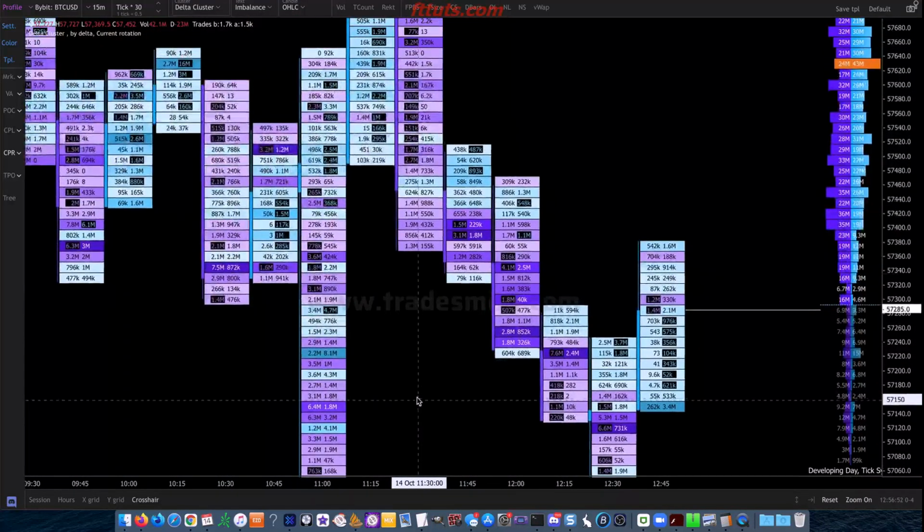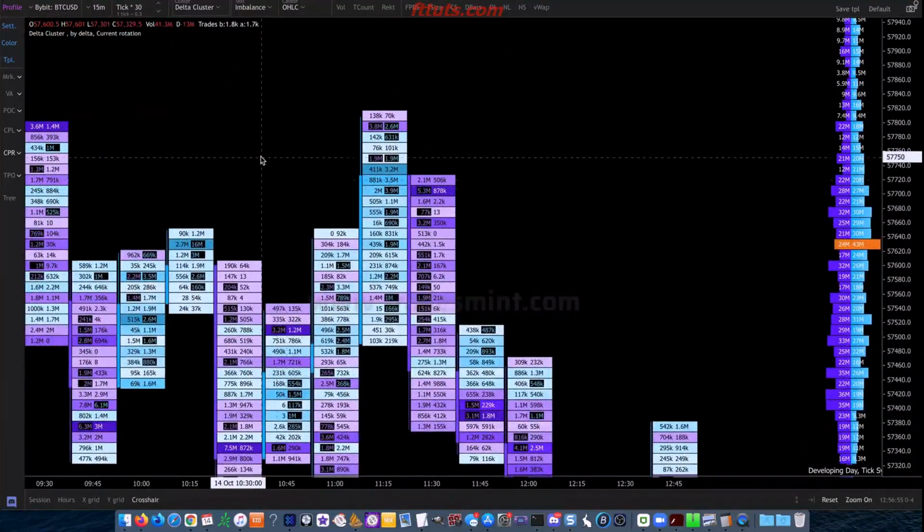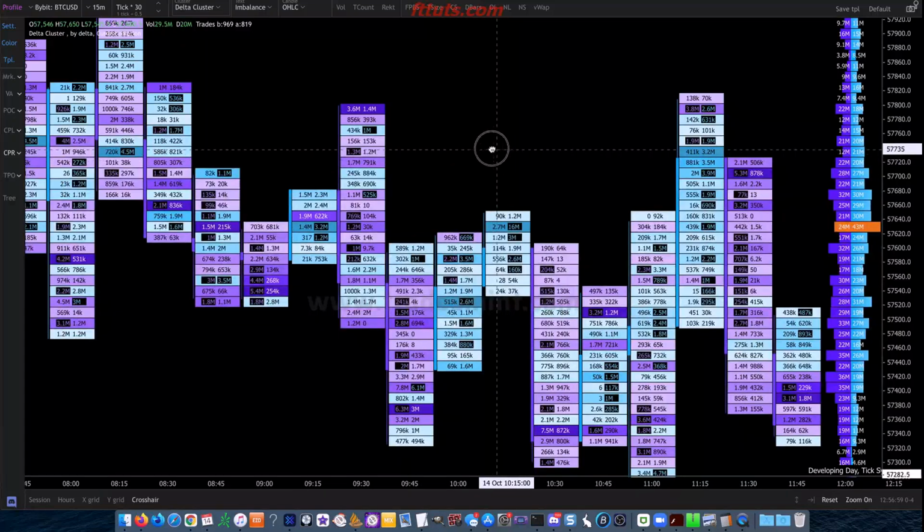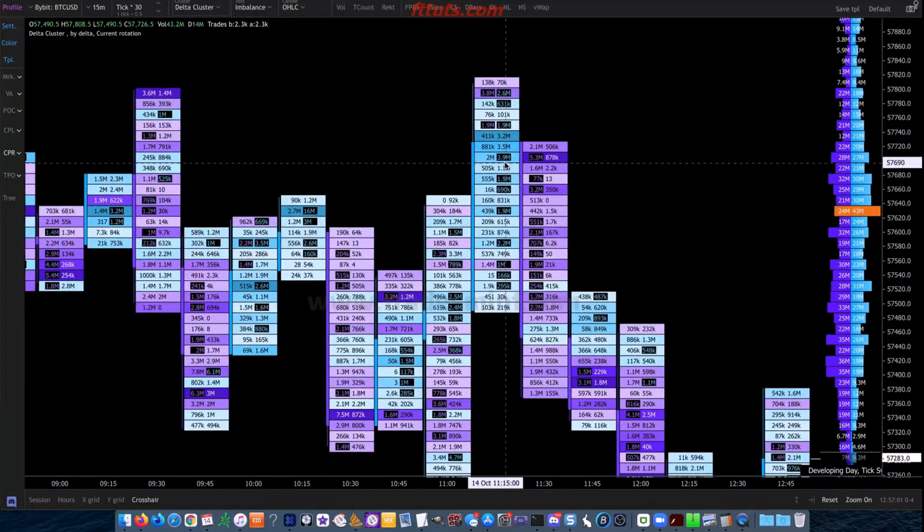Okay? Up here, when we come to the highs, we can see these imbalances anywhere. But right here we can see that there are 3.9 million sell orders coming in as the price is coming up. And that creates an imbalance because the way imbalances work is, if the price is moving up, we're comparing the buy orders that came in this row to the sell orders that came in the lower one.